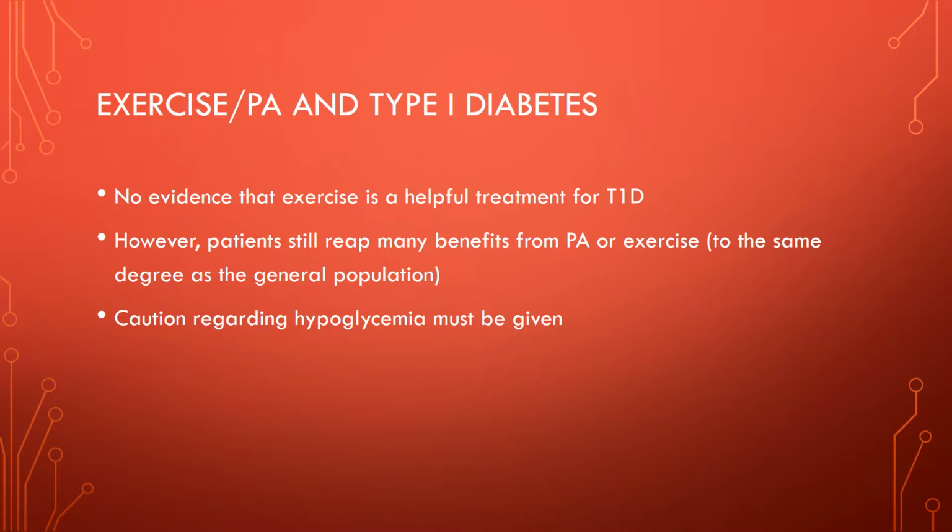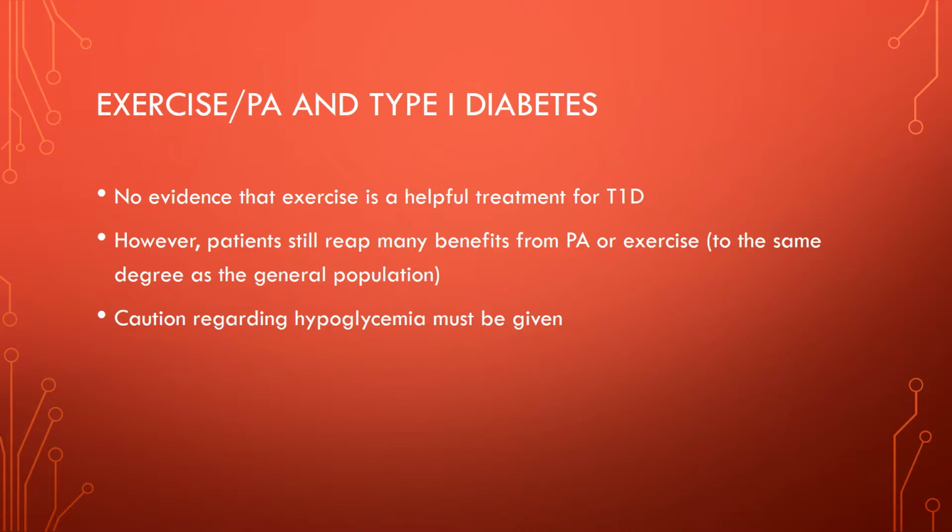This includes type 1 diabetics, but they have to be particularly careful about hypoglycemia. Hypo, of course, means low, and glycemia refers to glucose. So low blood sugar can be a problem because, of course, when you exercise, your body is using glucose. That's a fuel that the body can use to supply the exercise.